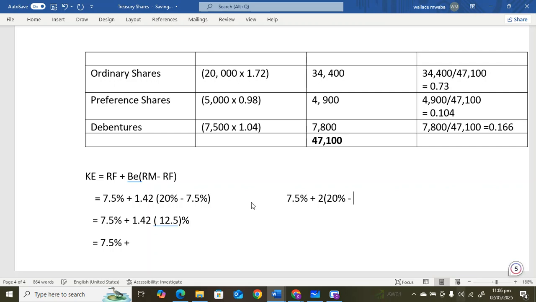I'm just putting this on the side to show you that as equity beta increases, the return will also increase. But let's focus on this one first here. 1.42 times 12.5.